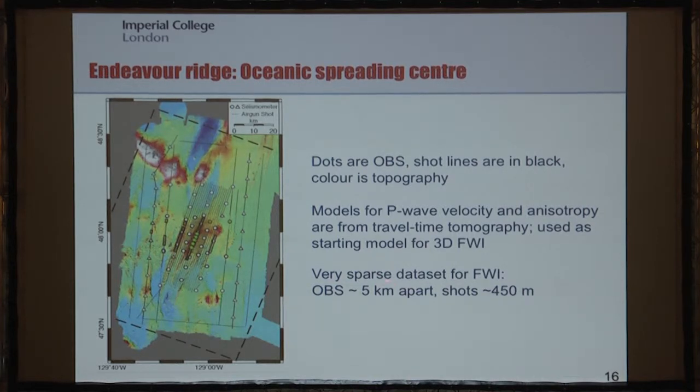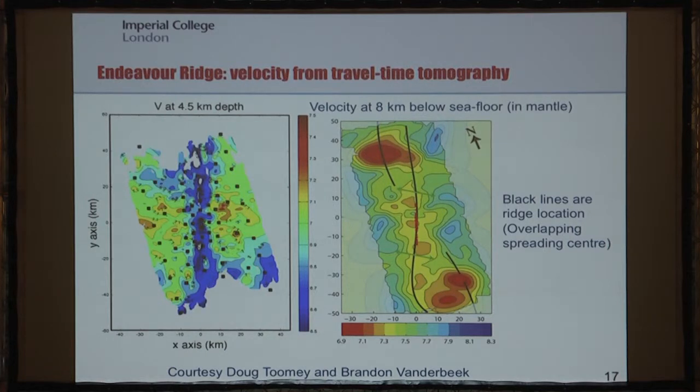And you can see the numbers here. Our ocean bottom nodes are about 5 kilometers apart in both directions, and the shot lines are almost half a kilometer apart. So very sparse data set to try and carry out 3D FWI on. The travel time tomography, this shows two different travel time tomography models, two horizontal slices through those at different depths, and this feature through the middle, and this feature through the middle.